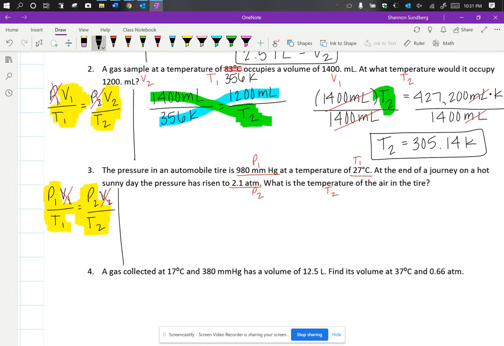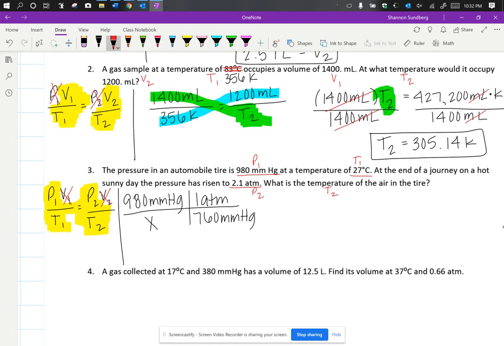Okay, so let's do a little bit of converting really quick. I'm just going to convert from millimeters of mercury to atmospheres because that's the first thing I saw. So 980 millimeters of mercury over nothing. 1 atmosphere is equal to 760 millimeters of mercury. So the way to get rid of a variable you don't want is to make sure it's in the denominator in your T chart.